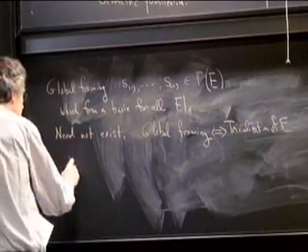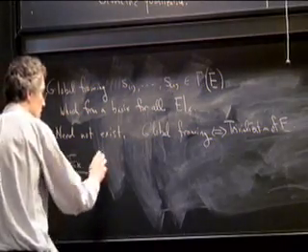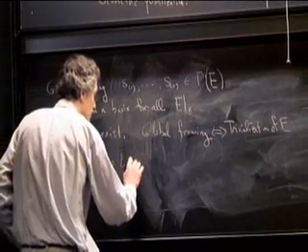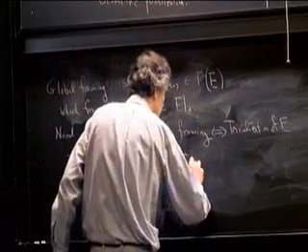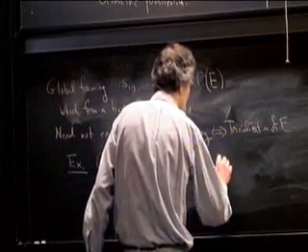Okay, so an example of this is a Lie group. If G is a Lie group, then the tangent bundle to G is trivializable.